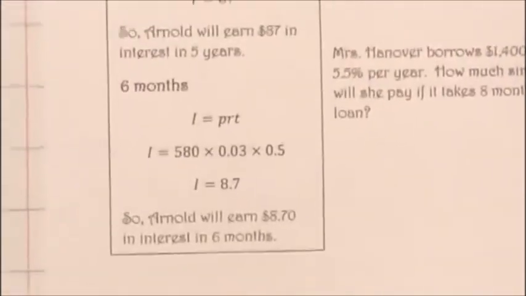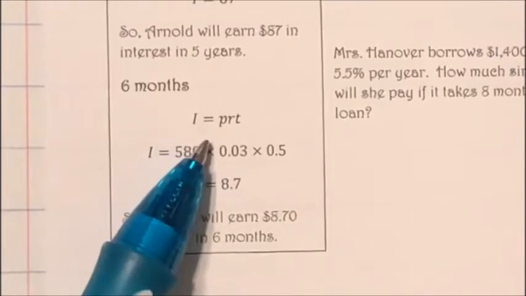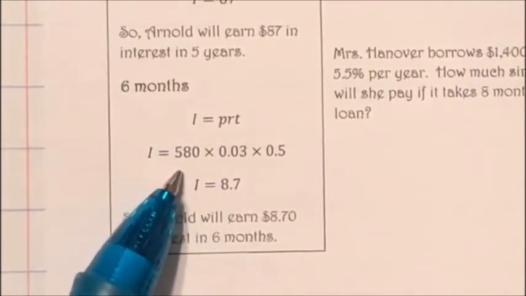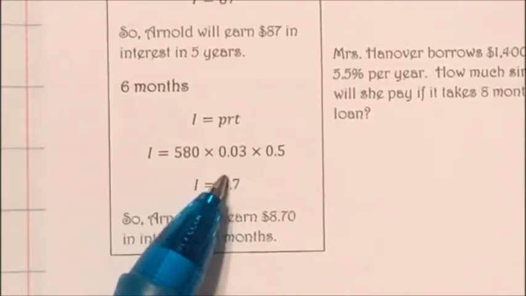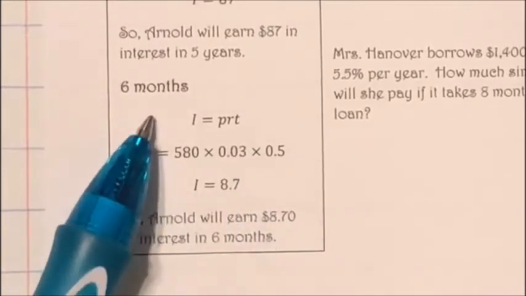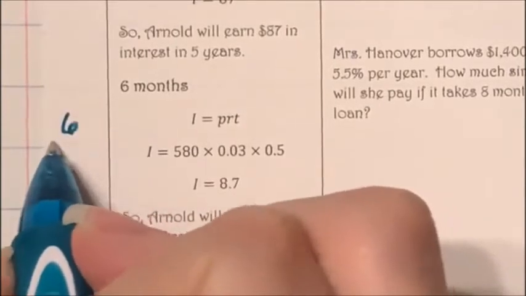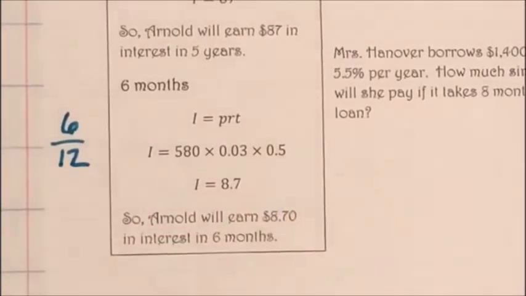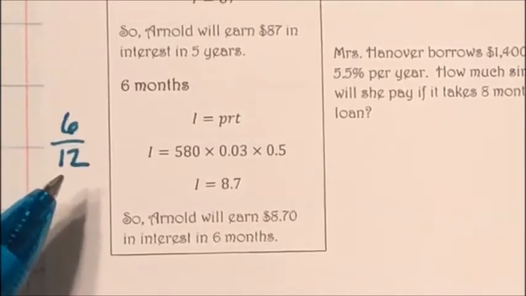They also want us to look at 6 months. Again, we use the formula I equals PRT. My principal is 580. My rate is 0.03. And my time, T, is 0.5. Now 6 months, we can remember 6 months over 12 months, there's 12 months in a year.